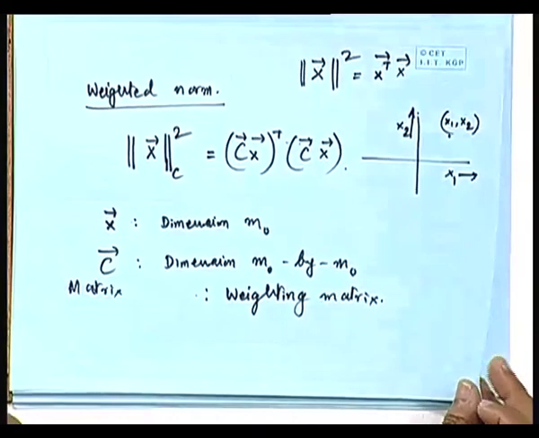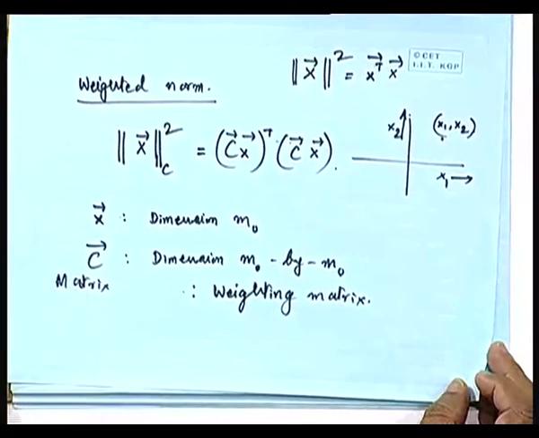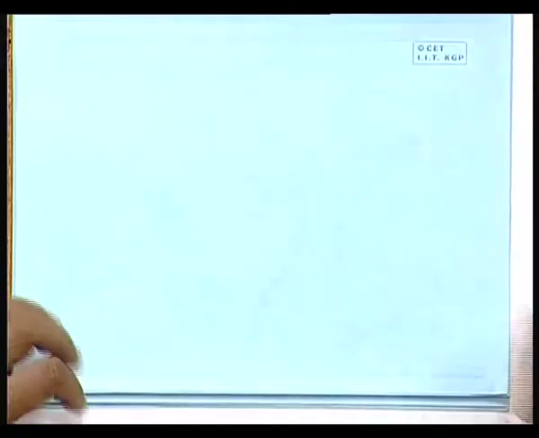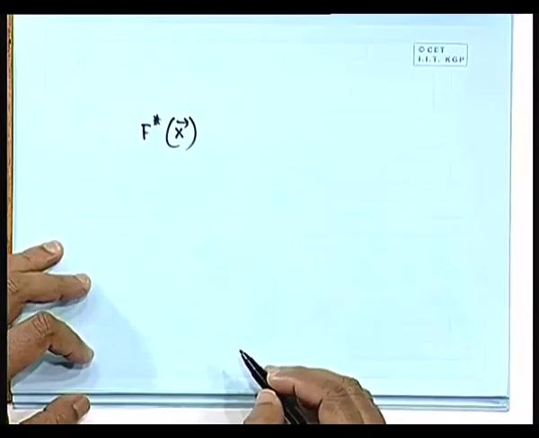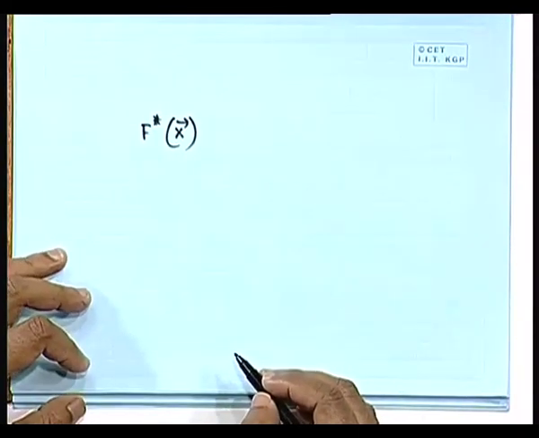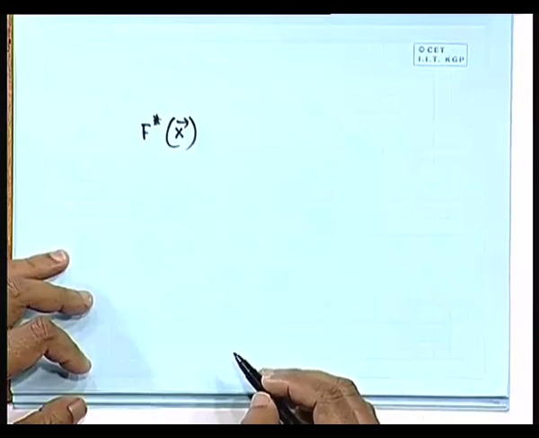So, using the weighted norm, the generalized form of the equation that we obtained in the last class gets modified. You remember we obtained f star of x. Why are we calling it f star? Because f star is different from f. f is the exact solution, for which we require n Green's functions, where n is the number of patterns, and each Green's function has as its center an individual pattern that we are feeding.